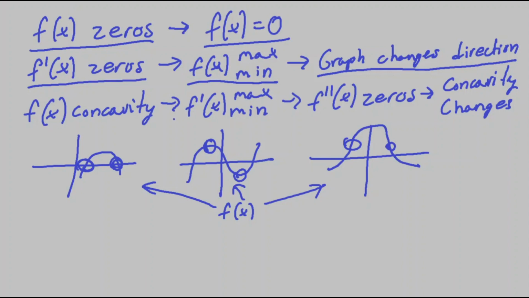And for the concavity changing, for f of x, when the concavity changes, it's basically the maximum and minimum of the derivative function, or the zeros of the second derivative function. What that looks like when the concavity changes is essentially when the acceleration, or second derivative, is changing sign. So it's going from positive to negative or vice versa.